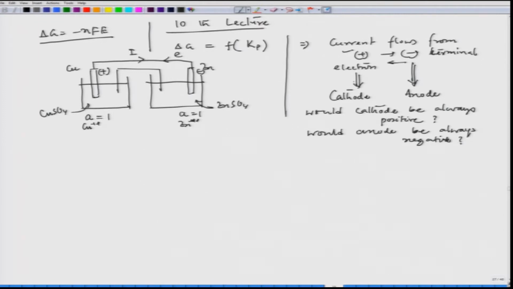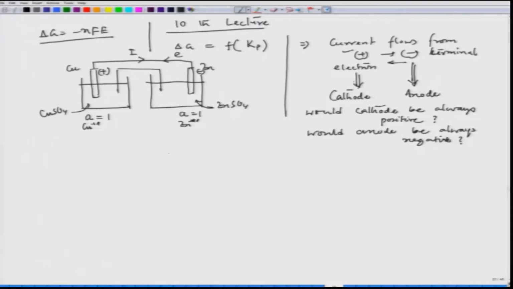Now, this is a confusion that is always there in the student's mind. I think it is better to clarify here how you would take up whether it is a cathode or anode, and whether cathode would always be positive or anode would always be negative. Now, for that we have to bring in the concept of electrolysis. So, let us say one important aspect is water electrolysis.